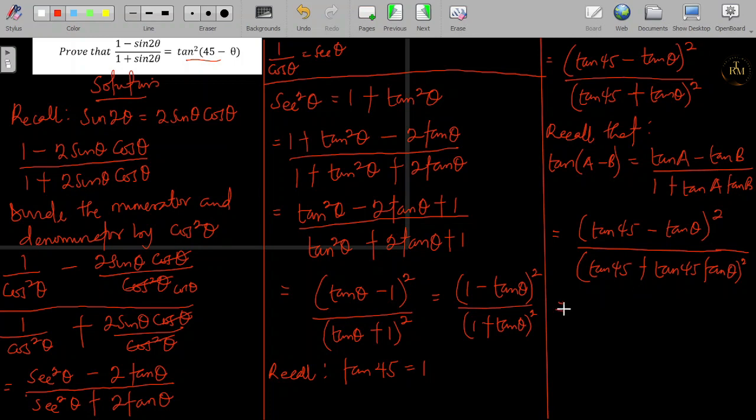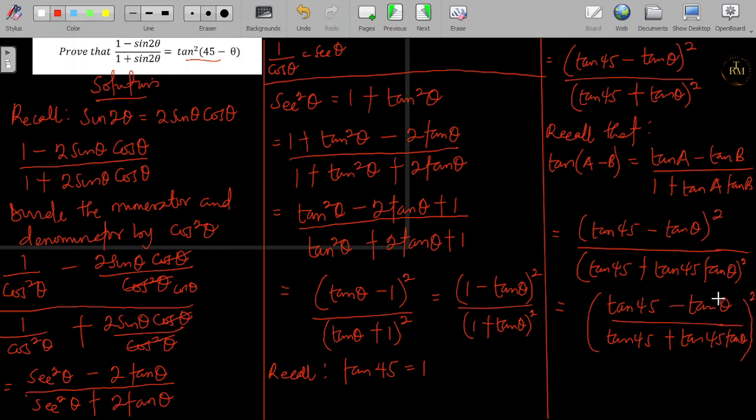Now, according to my knowledge of indices, I can transform this expression to look something of this nature. A big bracket, tan 45 minus tan theta divided by tan 45 plus tan 45 tan theta, all squared, right?